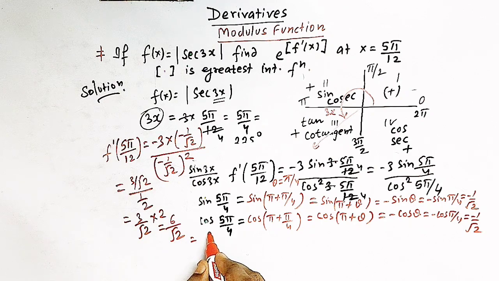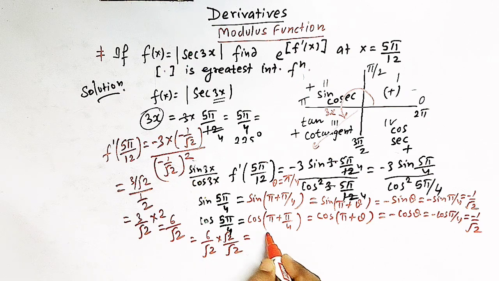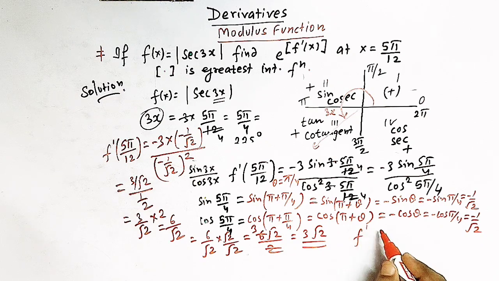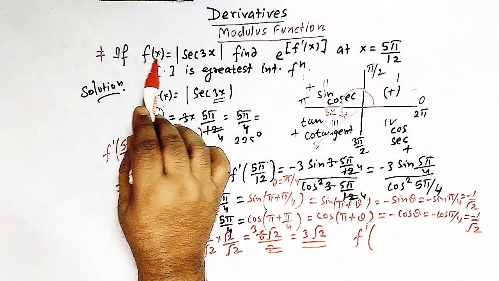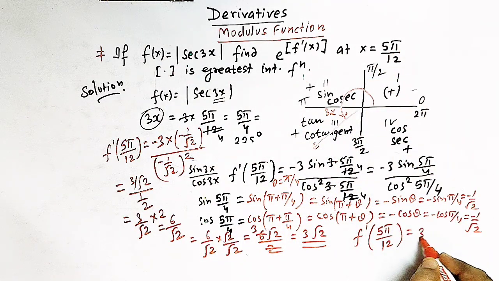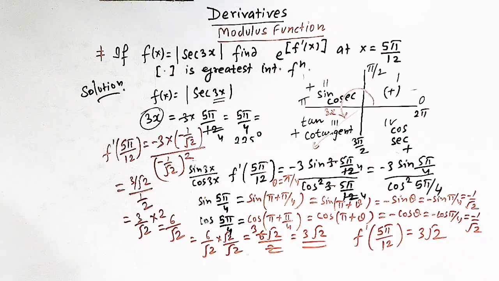So we can now write 6 over root 2, rationalizing the numerator and denominator by square root of 2. We have 6 root 2 over 2, and this is 2 times 3 is 6, so this is 3 root 2. So the value of the derivative of f of x at this point, that is 5 pi by 12, is given by 3 times square root of 2.